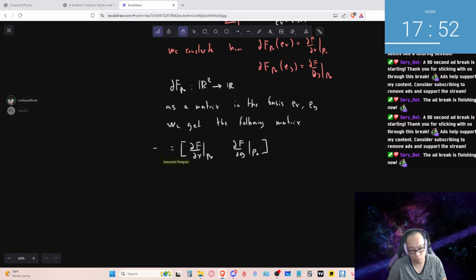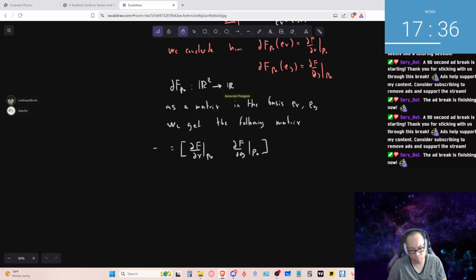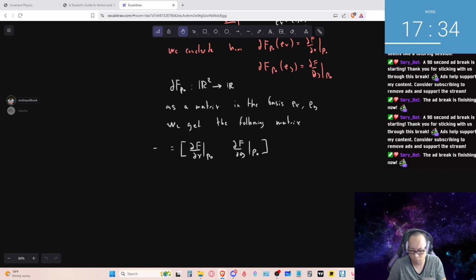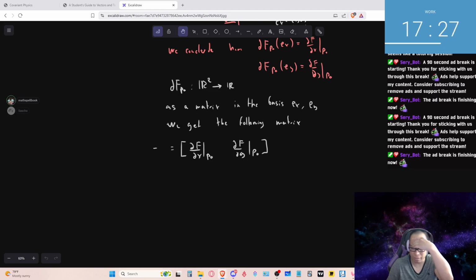So this is for R2. We have a row vector, so it will take some column vector and spit out some number. Maybe we can do some computation after that. Yeah, because I remember when it came to covariant and contravariant components, you can think of them as row and column vectors.